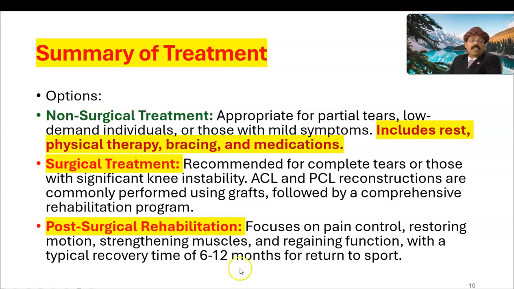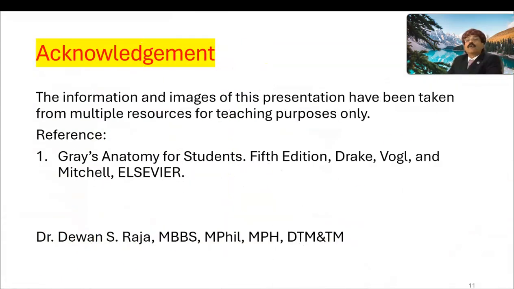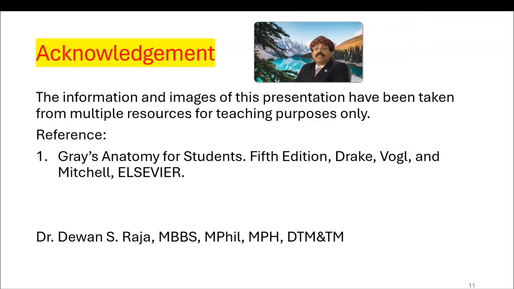It may take 1 year to come back close to normal. And that's all about the ACL and the PCL injury, the cruciate ligaments, and its diagnosis and treatment.